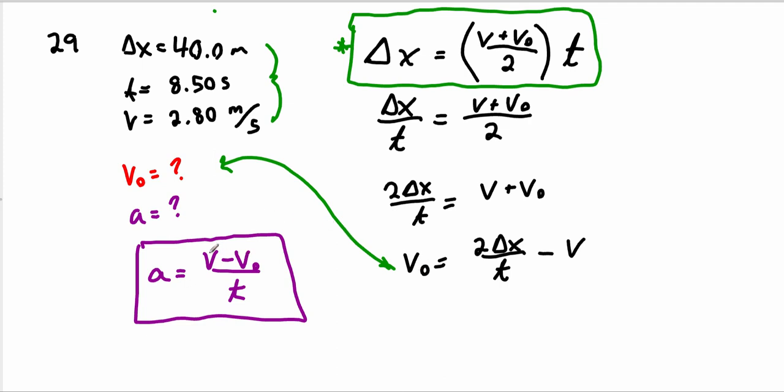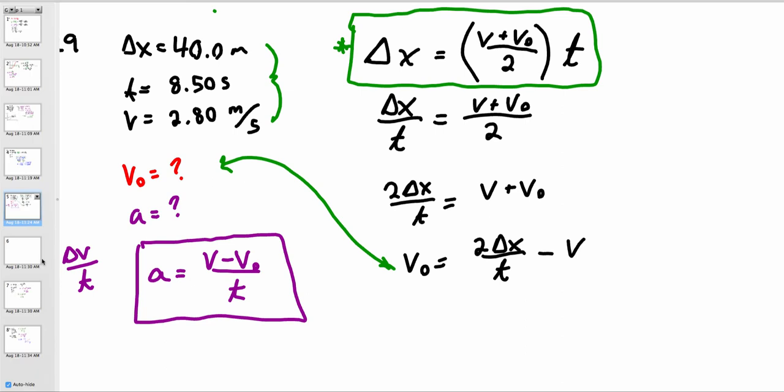Then I plug that in, and I use my acceleration as my change in velocity over time. This is the basic equation: acceleration is equal to change in velocity over time. It's how much you're changing your speed, with direction, over your time.